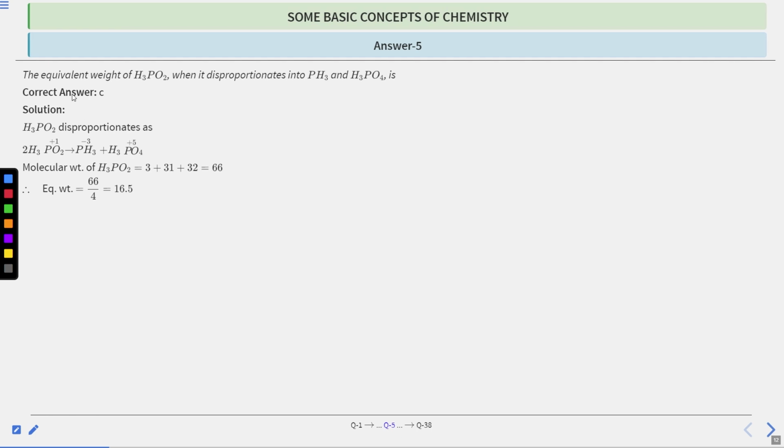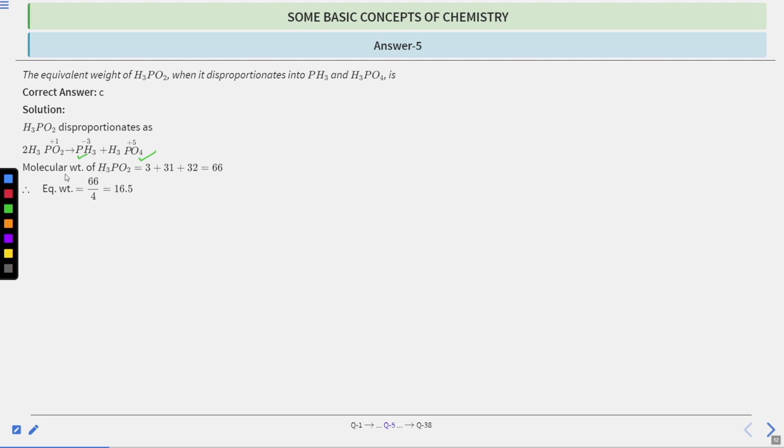Okay, the correct option is C. How? H3PO2 will disproportionate as this: H3PO2 will give you PH3 plus H3PO4. Here phosphorus has +1 oxidation state, and it is going to -3 oxidation state and +5 oxidation state.